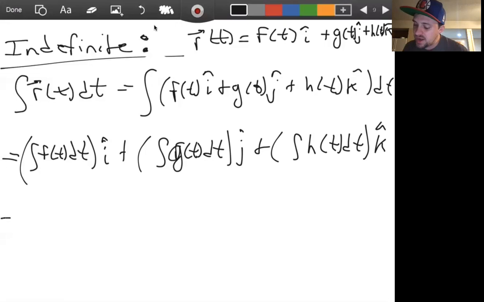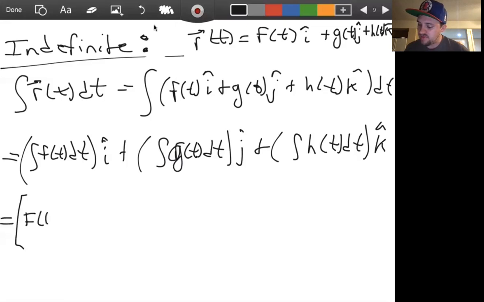And now for indefinite integrals, let's say the antiderivative of lowercase f, g, and h is uppercase F, G, and H respectively. When we take indefinite integrals, we know we pick up a constant, right? We pick up a plus c. And so what is this integral equal to?